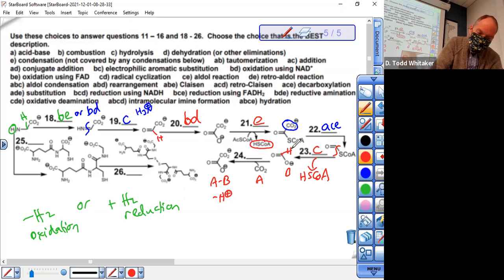You can say it's an oxidation. Replaced a bond from C to H to a more electronegative C. I don't see any other good fits there. And it's definitely polar, a CO2 minus, right? It's polar. Oxidation using NAD plus, BD.